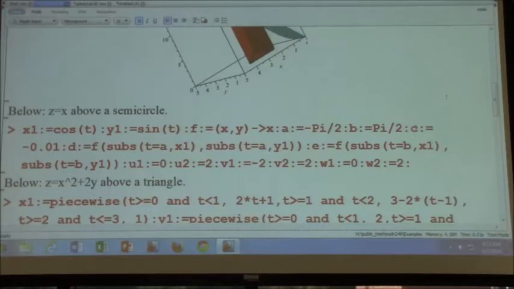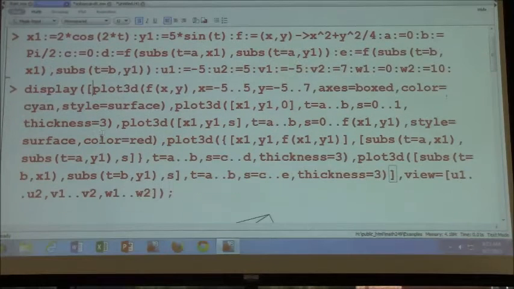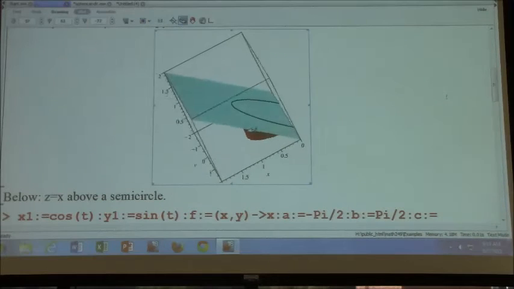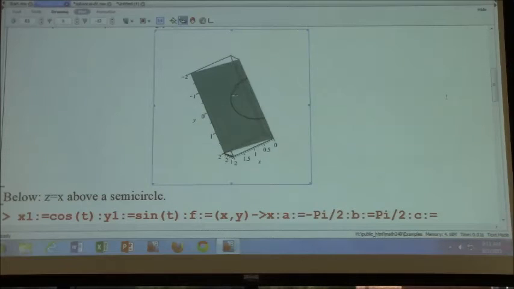I'm going from minus pi over 2 to pi over 2. And then the rest of that is some technical stuff that will get me where I'm going. So now my plotting command is up above here. I will graph f and some associated pieces that help me see what's happening. All right, first of all, looking at it from above, let's constrain the scaling here. Looking at it from above, I see my semicircle.